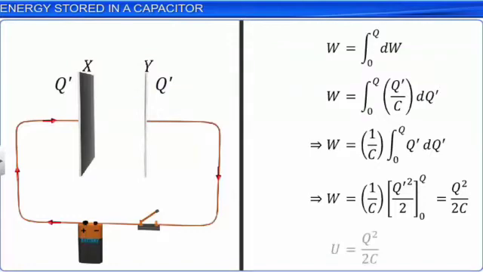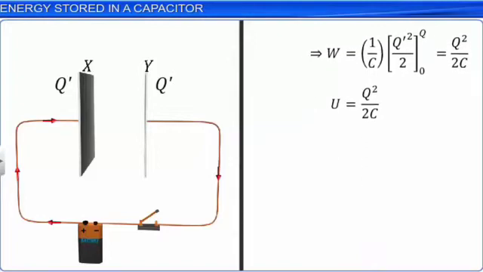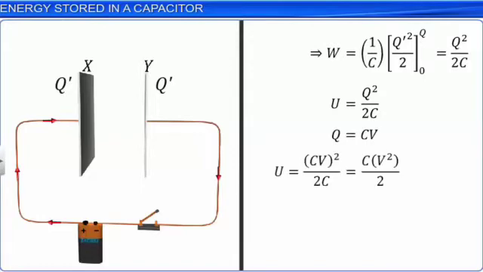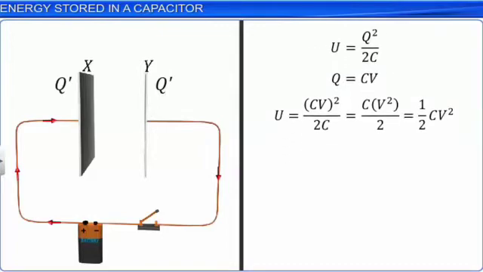Using Q equal to CV, we also see that energy stored U, equal to Q squared by 2C, is also equal to half CV squared. Now, since Q is equal to CV, U is equal to half QV.